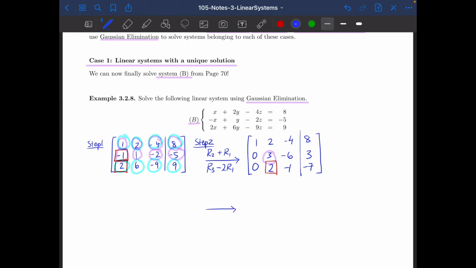So I'll perform the elementary row operation 1 over 3 row 2. Then the second row becomes 0, 1, minus 2, 1. The first and third rows remain unchanged.